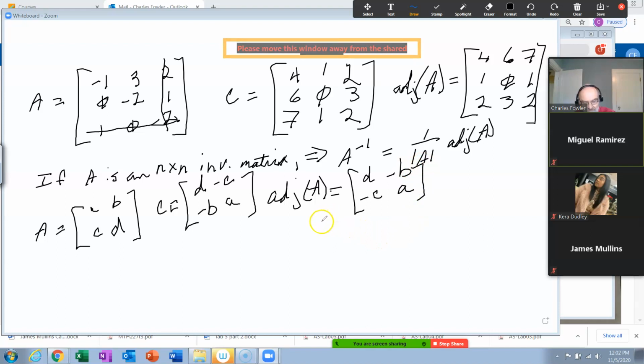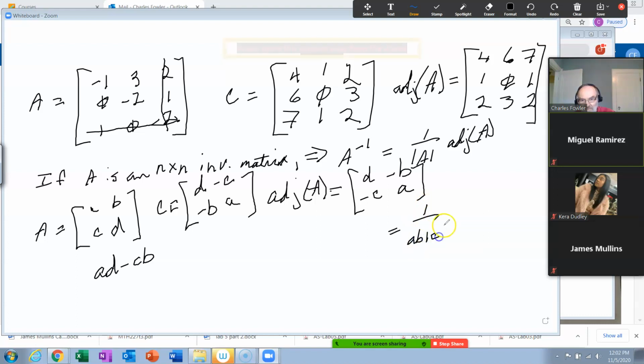Now, that's the adjoint. And what the theorem just said is the inverse of A would be 1 over the determinant of A times that. What's the determinant of A? The determinant of A is ad minus cb, or bc, doesn't matter, and 1 over that would then be 1 over ad minus bc, whichever you want to say. I'm sorry, that's a minus, not a plus.